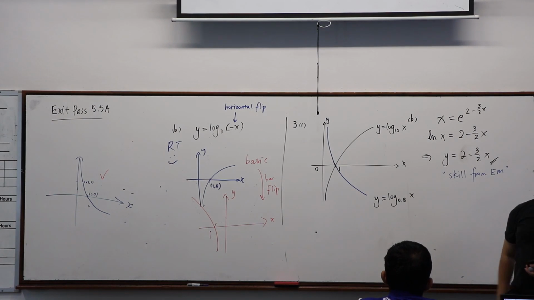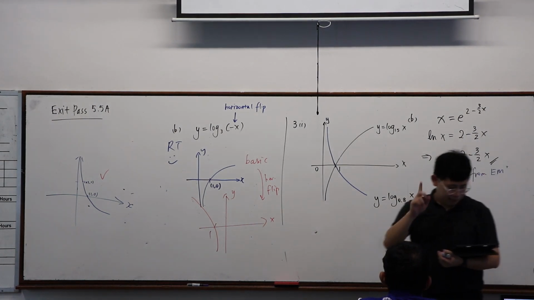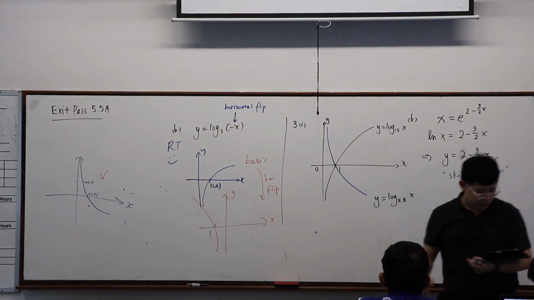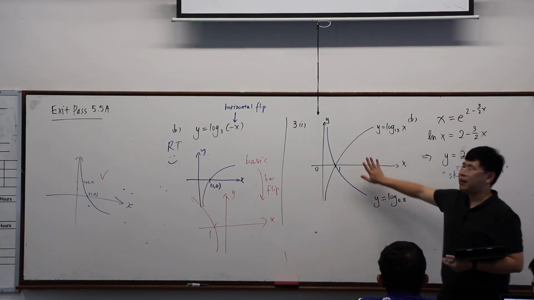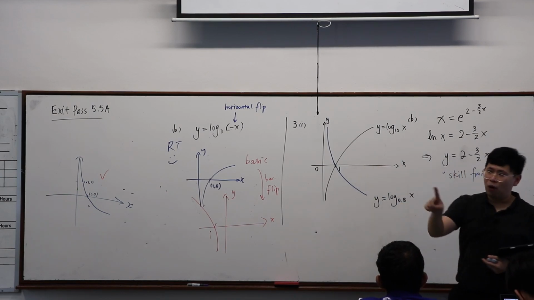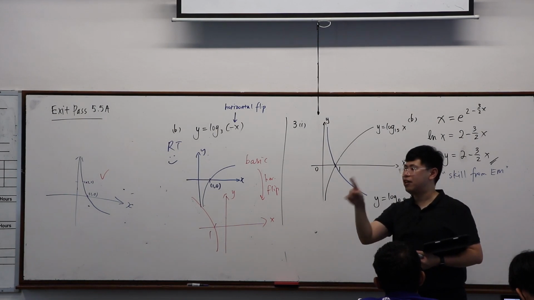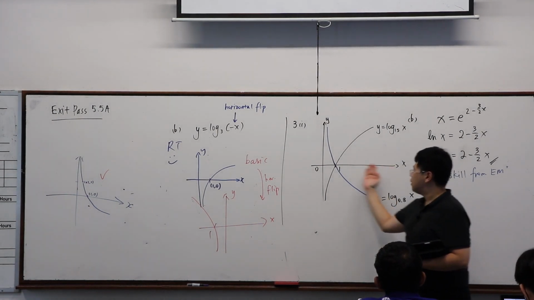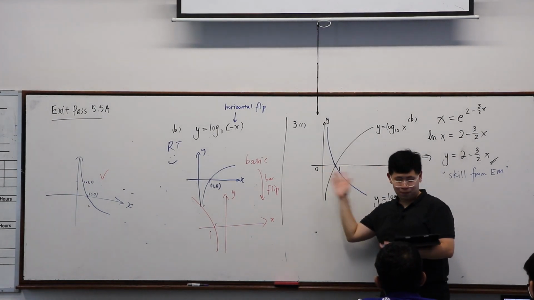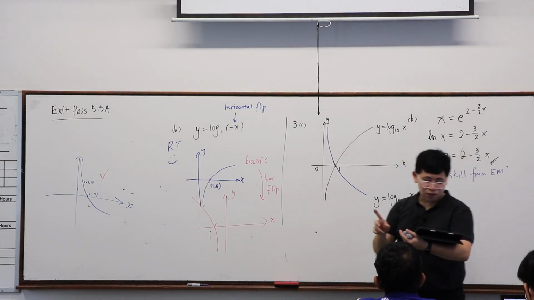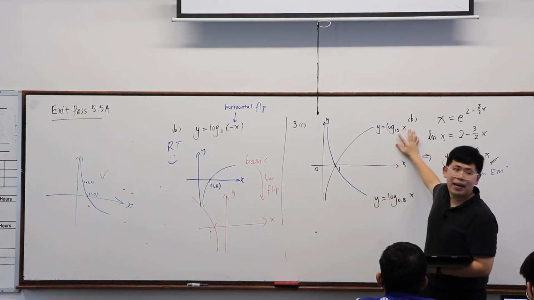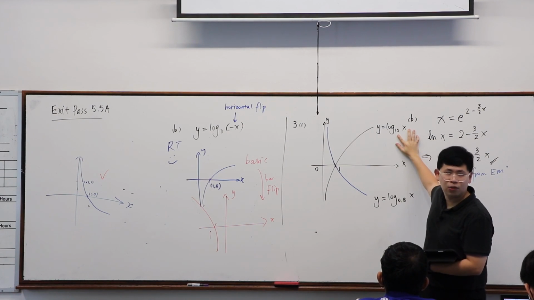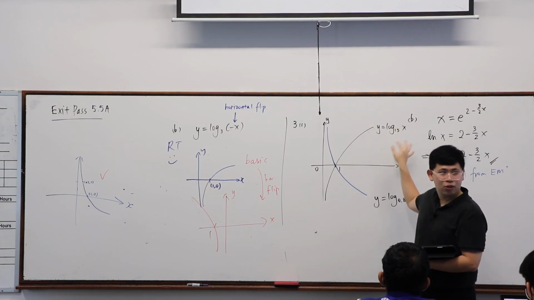Okay, so using the graph to find the range of values. Making use of the graph, we are not solving for y, but we are solving for x, the range of values of x. So it means we need to look at the horizontal range. Find the range of values of x for which log base 15 of x is more than 0. So when is the graph more than 0?